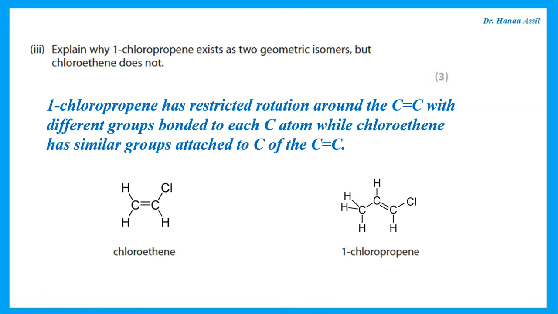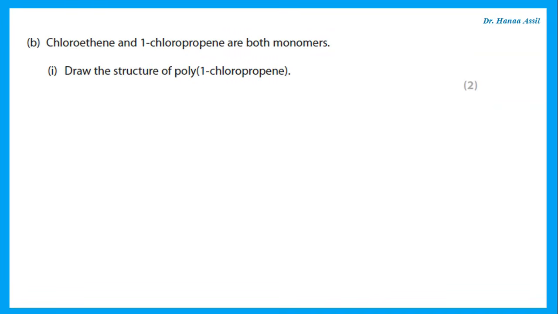So in chloroethene, the carbon on the left has the same groups, so it cannot form cis and trans. While chloropropene has different groups attached to each of the carbons of the double bond, therefore we say it has restricted rotation around the double bond, and that's why we can have a cis and a trans, or a Z and an E.